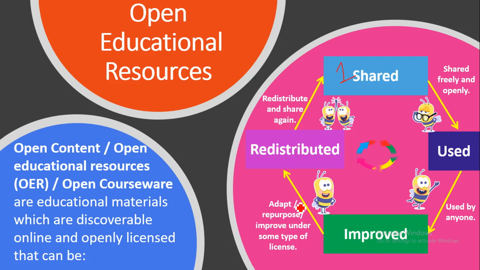So if you have OER, then you can share them, use them, improve them and redistribute them any number of times, sharing them freely and openly. So you are using the content which is working like this.